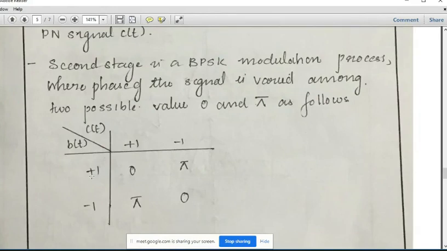If b(t) and c(t) are both +1, then the phase change is 0. If b(t) is +1 and c(t) is -1, then the phase change is pi. If b(t) is -1 and c(t) is +1, then the phase is pi. And if b(t) is -1 and c(t) is -1, then the phase change is 0.